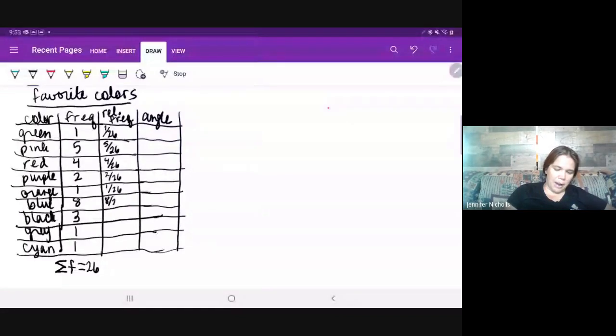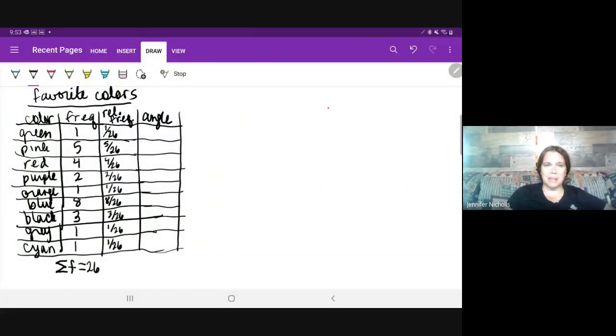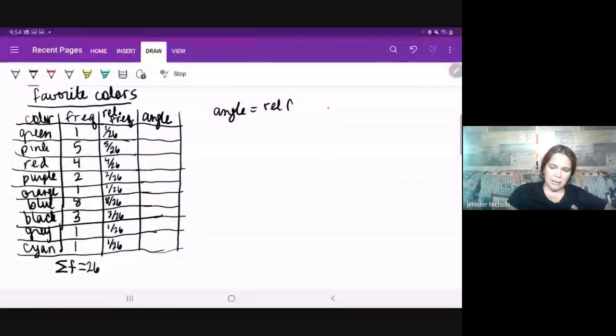I'm not going to write it as the decimals, but if you hit the division on your calculator, that's where you get the decimal versions. For the segmented bar chart, you're going to need the decimals or percents. But for angles, it's a little different. Let me give you a formula. To find the angle, you take the relative frequency and multiply it by 360, the degrees in a full circle.